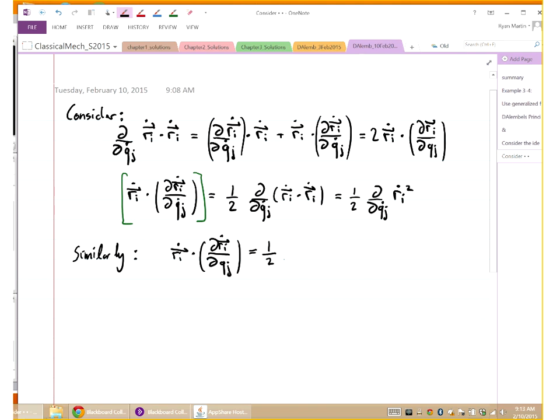It's the exact same math to show that that's equal to a half ∂/∂q_j of ṙ_i squared. The derivation I just did above didn't matter whether I was differentiating with respect to q_j or q̇_j. We never used the fact that that was a dot or not. So if I rewrite the whole thing without dots on the q_j, you're going to get the same answer without dots on the q_j. Okay.